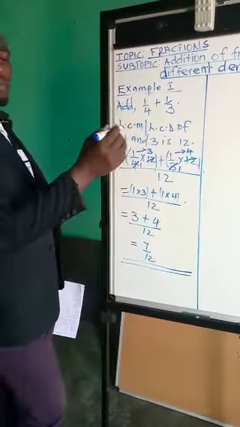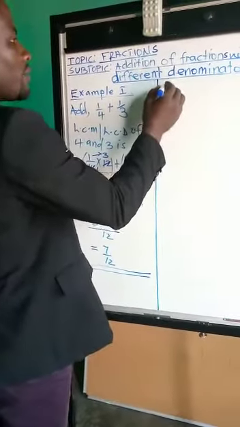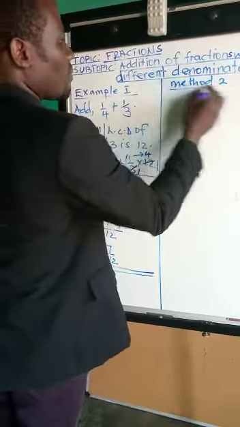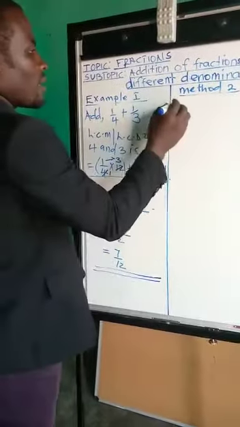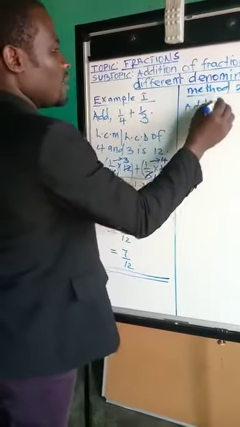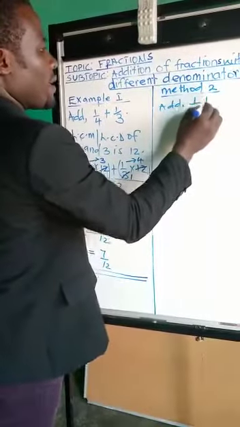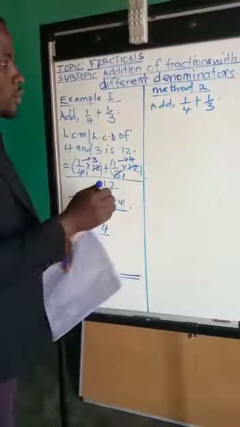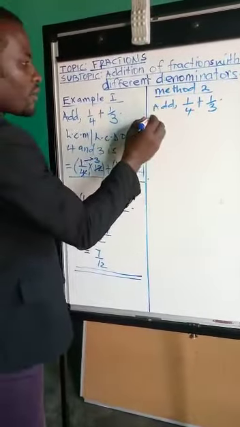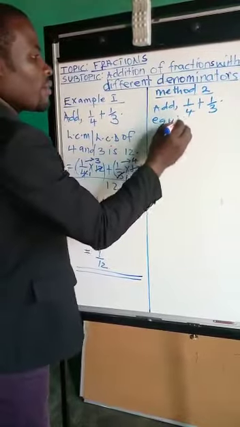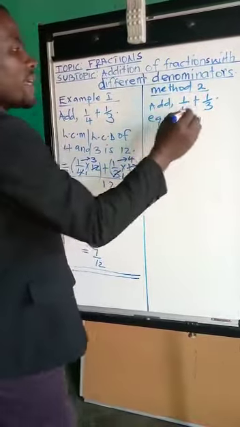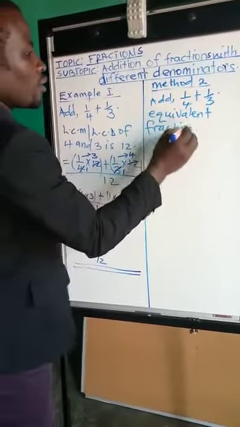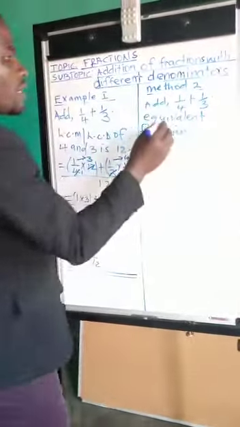Let's have method 2, using the same numbers: a quarter plus a third. In this method, we are going to use equivalent fractions to work out a quarter plus a third.